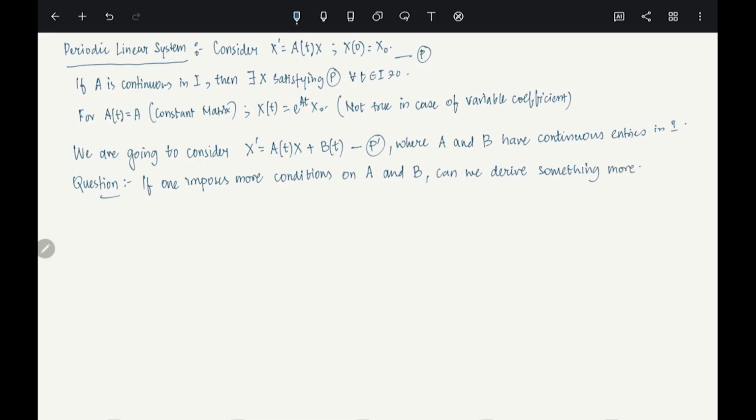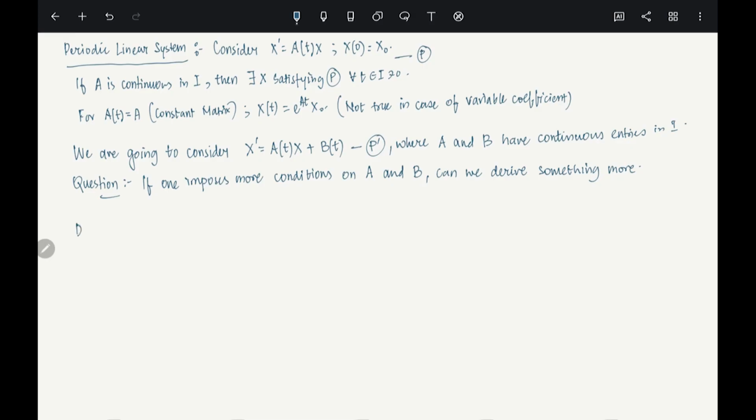What I'm trying to say is, can we say something more about the solution if we put more conditions on the coefficients? Of course, that's just our hope: if we put some nicer conditions on A of t and B of t, then we hope that the solution will also reflect that. So what we are going to do here is look at linear systems which are periodic. I'm going to explain what all of this means.